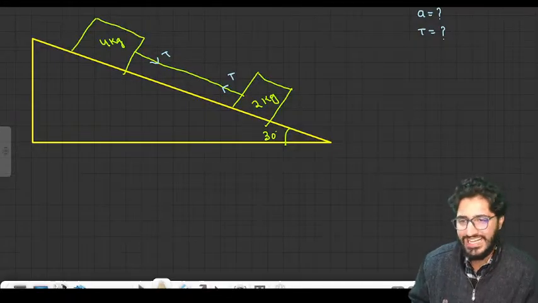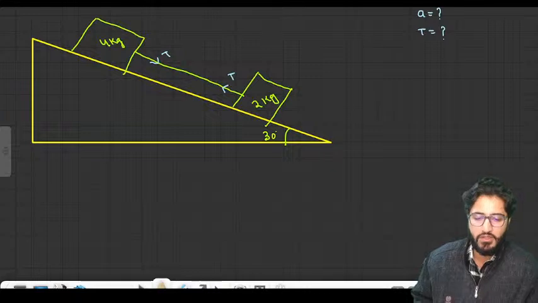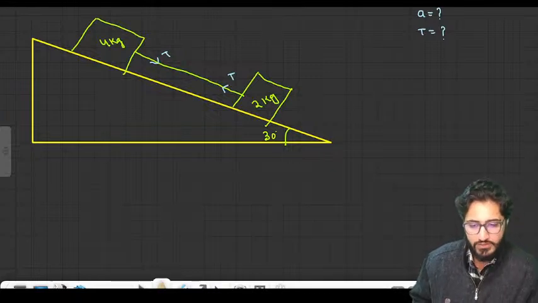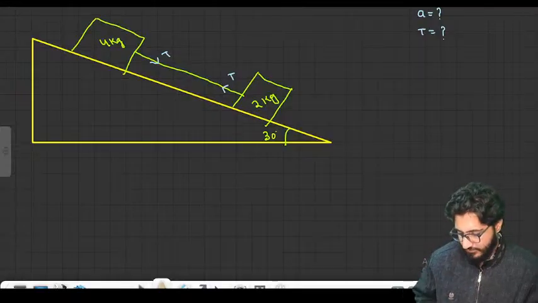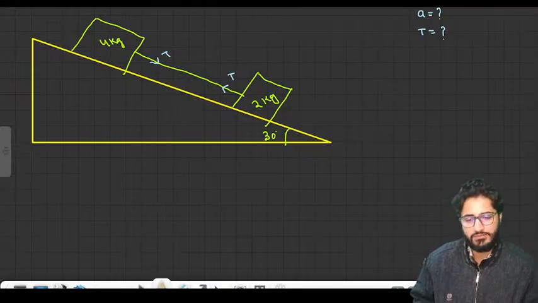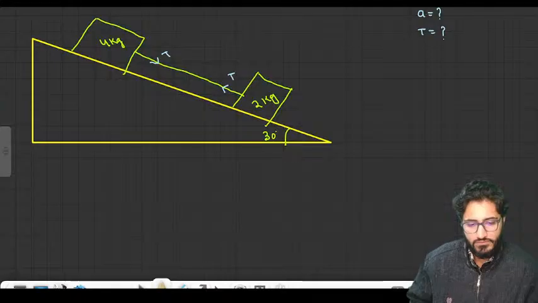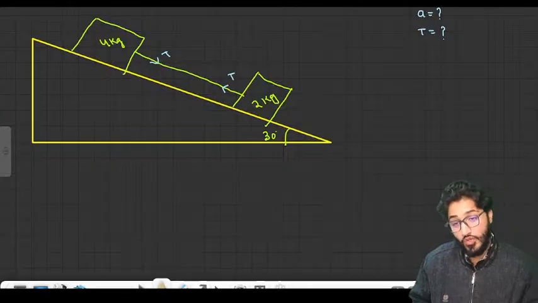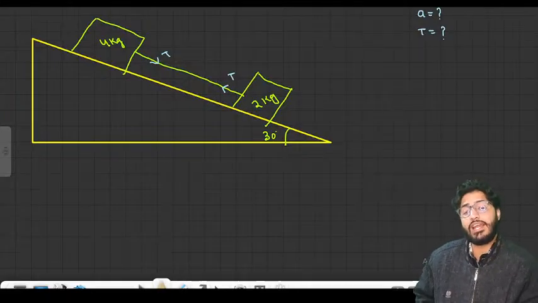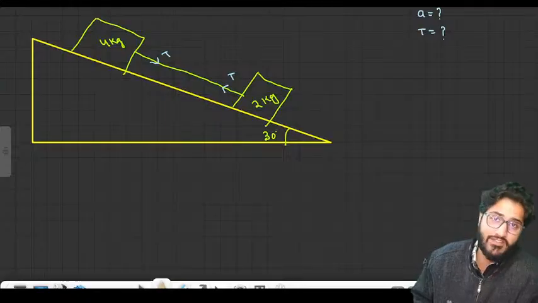There is no external force being applied on it. No external force. That means we are not applying anything from our end. Give me the answer. And you will note one thing, that when there is a force, there will be a tension.